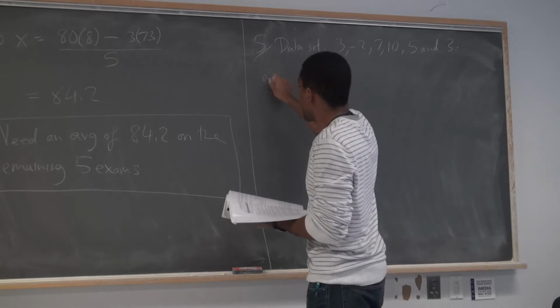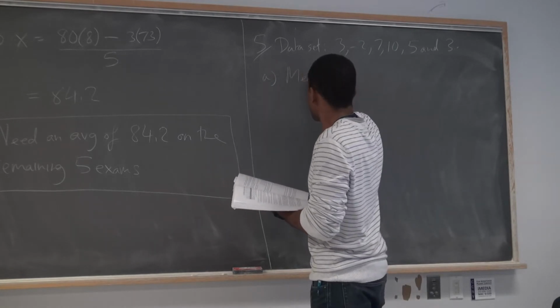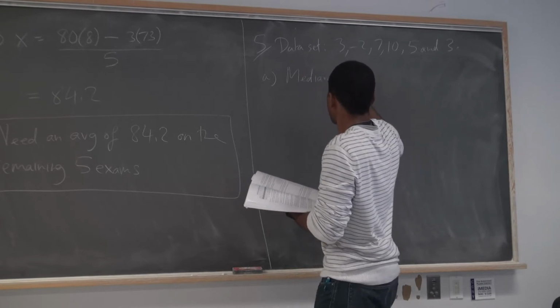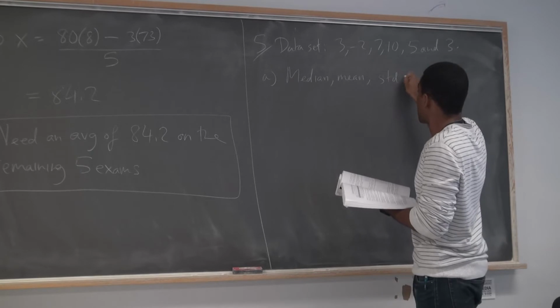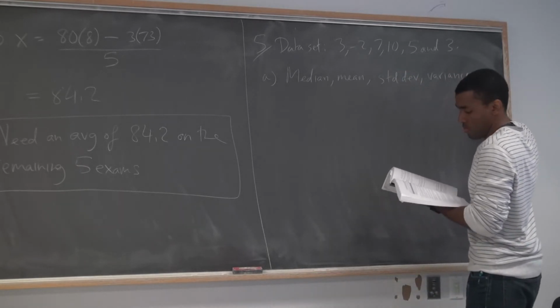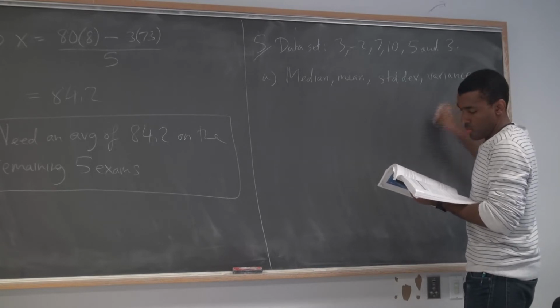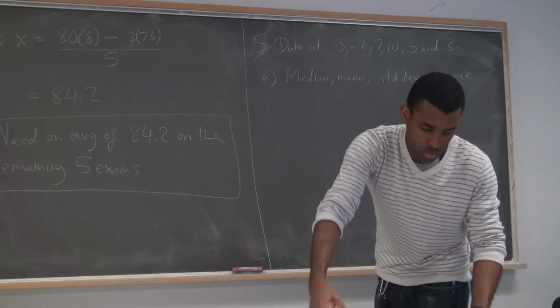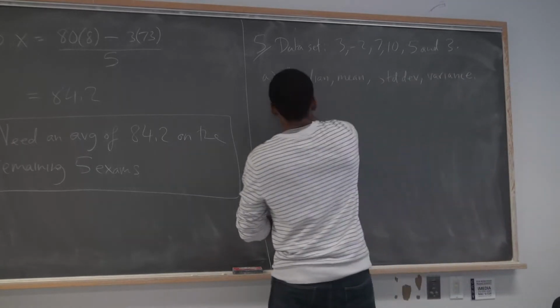So then for part A, we need the median, mean, standard deviation, and variance. Okay, so let's do that.